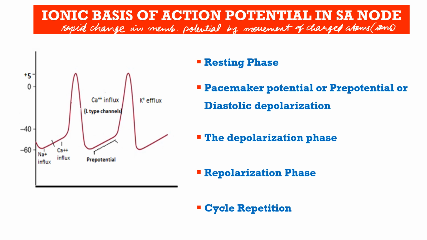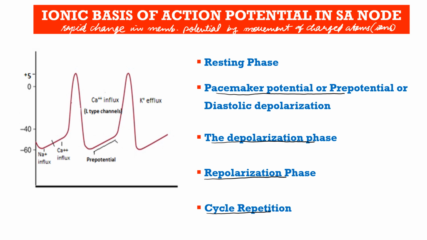We will discuss ionic basis of action potential in the SA node under 5 headings. Number 1, the resting phase. Number 2, pacemaker potential or pre-potential. Number 3, diastolic depolarization, then repolarization, and then cycle repetition.